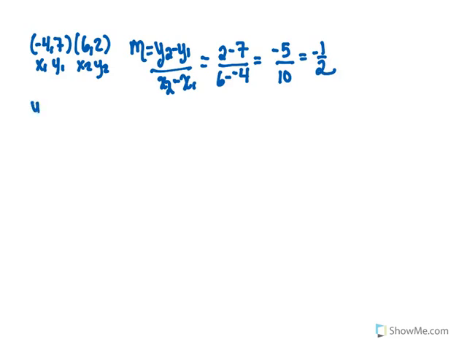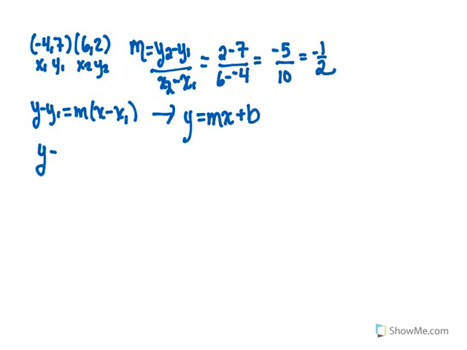I'm going to plug it into y minus y1 equals m times x minus x1, and then transfer it into slope-intercept form by solving for y. So I plug in y minus y1, which is 7, equals my slope, which is -1/2, times x minus -4.